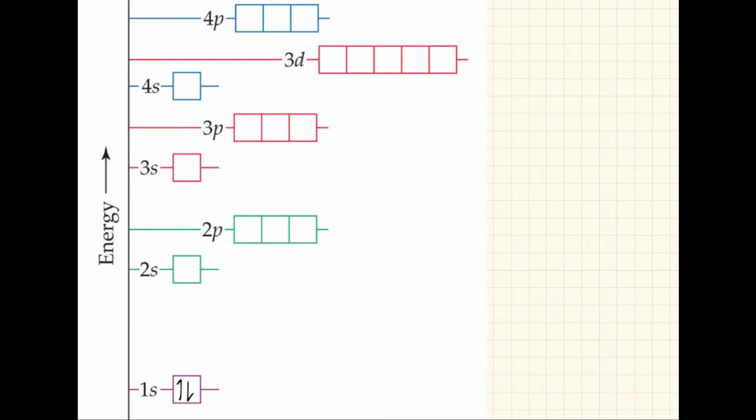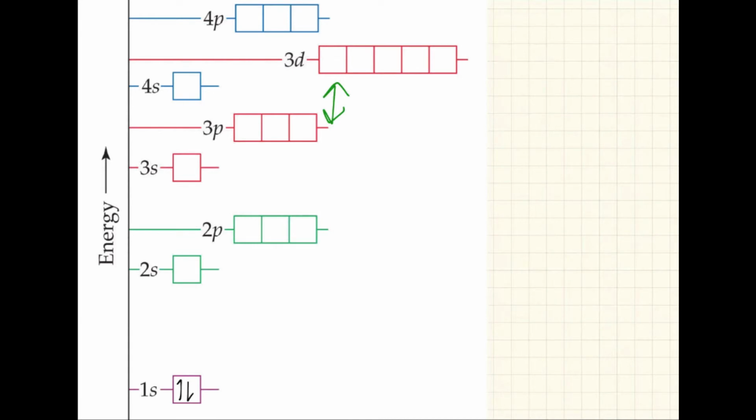As I put multiple electrons in all of these orbitals, the spacing between these angular momentum sets, the spacing between the s's and the p's, and likewise between the p's and the d's within the same shell, so the same principal quantum number n, 3 in this case, gets bigger. So the more electrons I add, the more spacing is present between all of these different angular momenta in the orbitals.